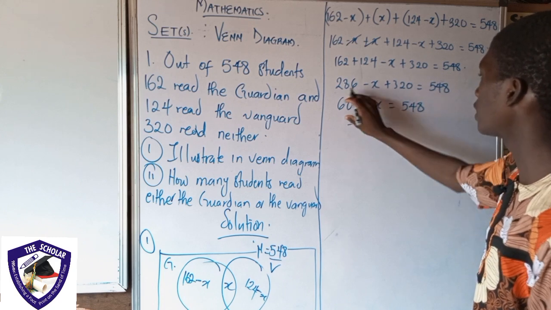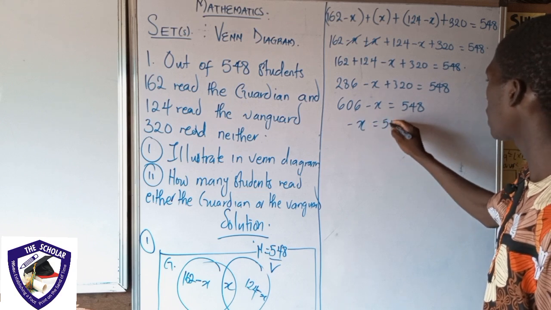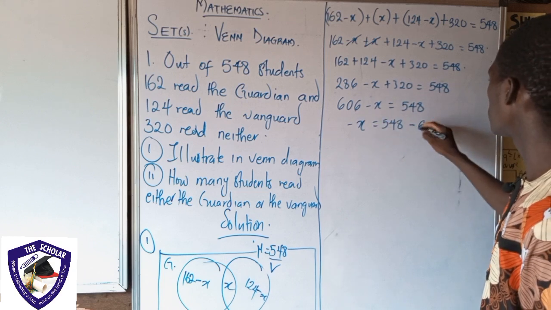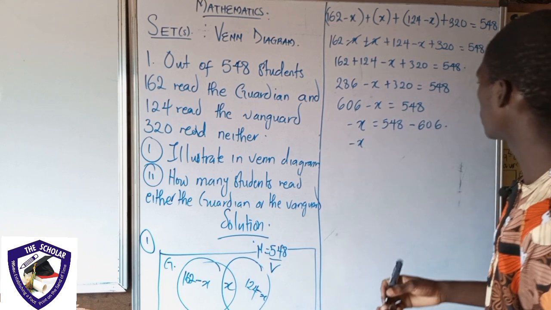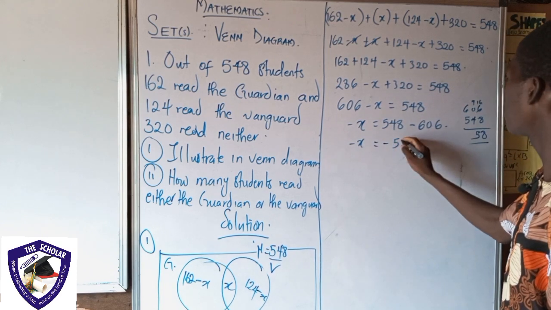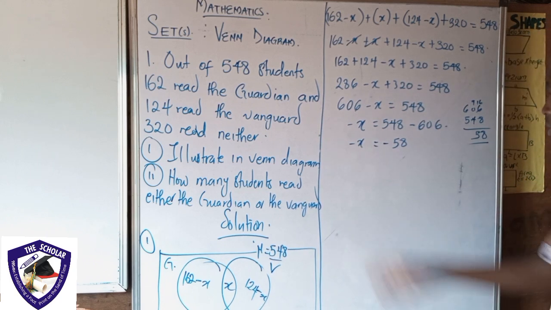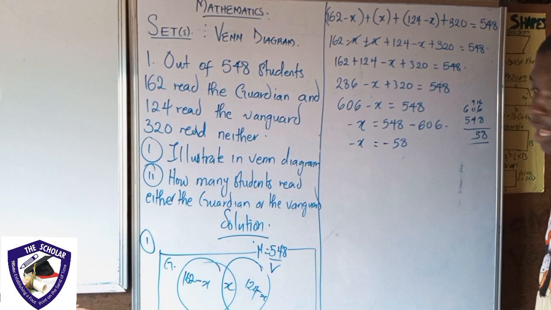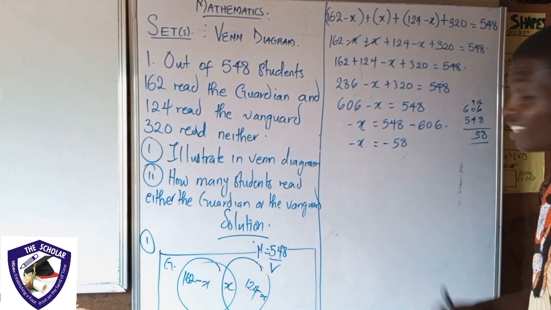Then when you take this to the other side, like collecting like terms, you have minus X to be 548 minus 606. So you have minus X, so here we have minus 58. Then when you see this very well, you can see that the minus sign can eliminate. In mathematics, that is one of the laws of identity element.